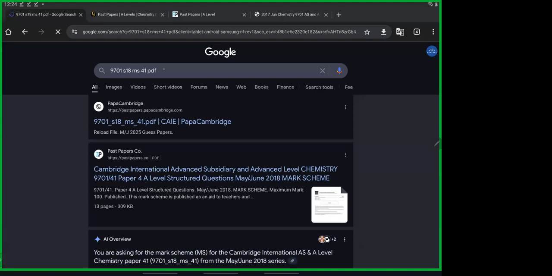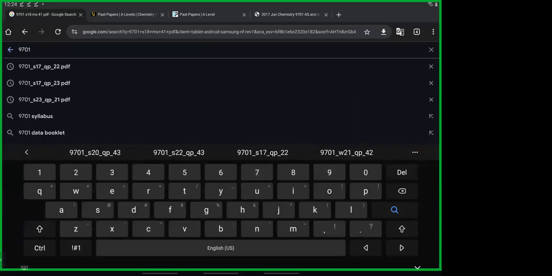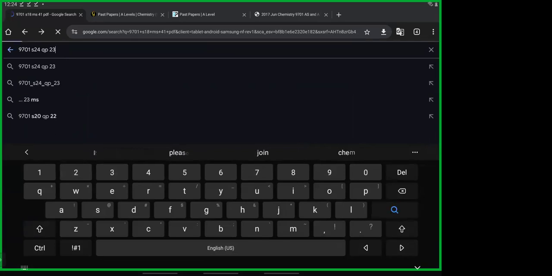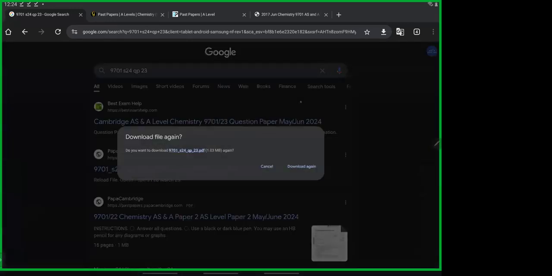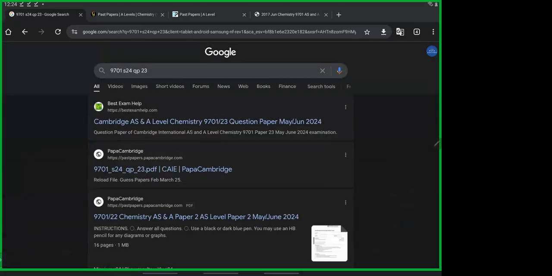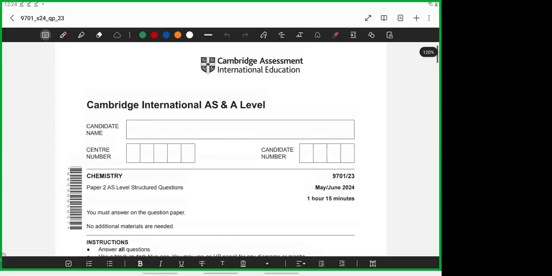I don't know why it's opening physics. Hold on a second. Try to get this one.